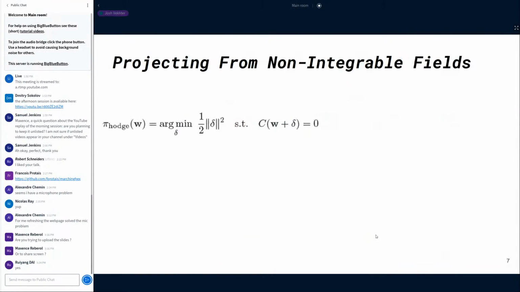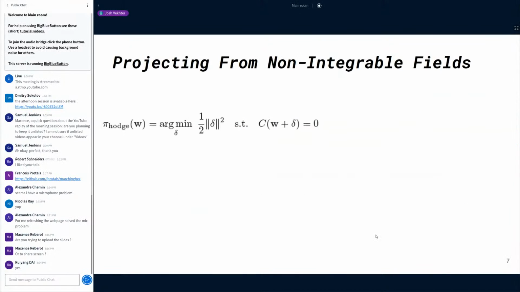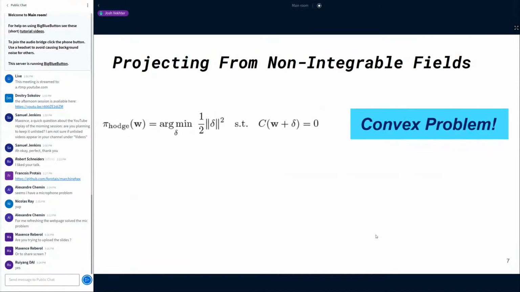Okay, so now I want to present a bunch of different functionals that all look the same if you write them down in a particular way. If you have an integrability condition, you can write down the Hodge decomposition: we have a vector field W, and we're looking for the smallest delta that makes W plus delta integrable.